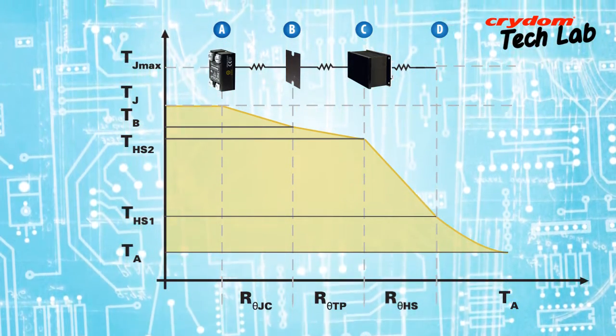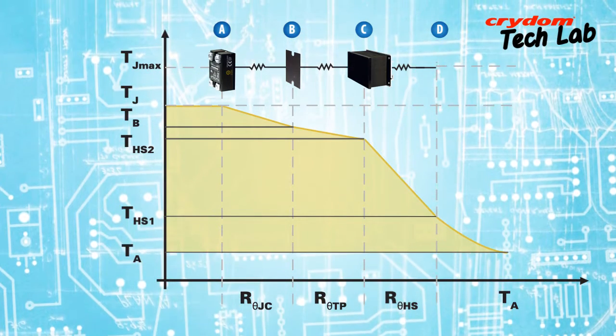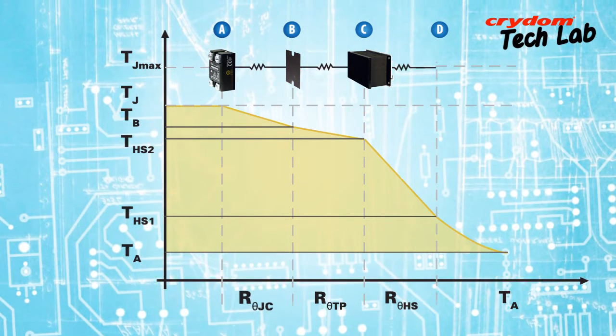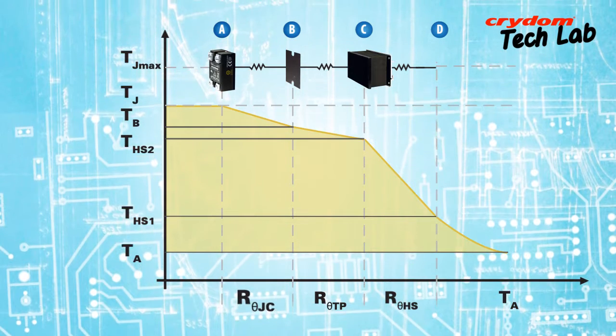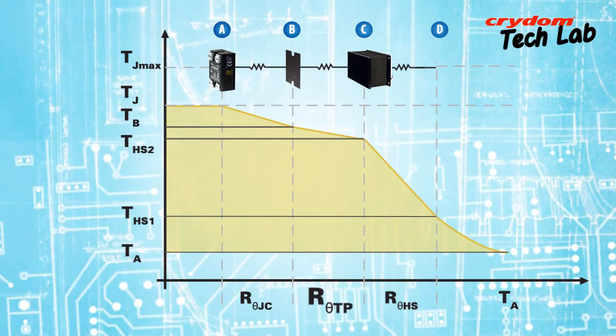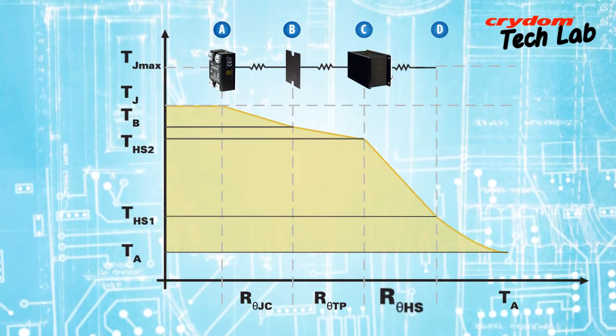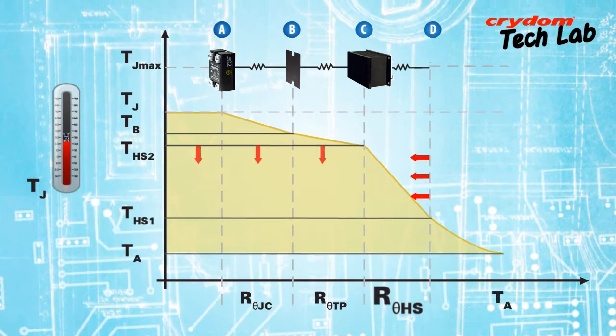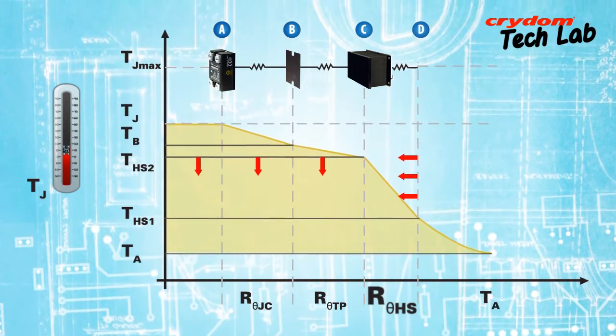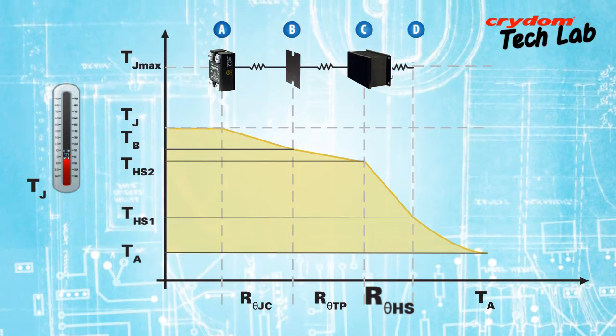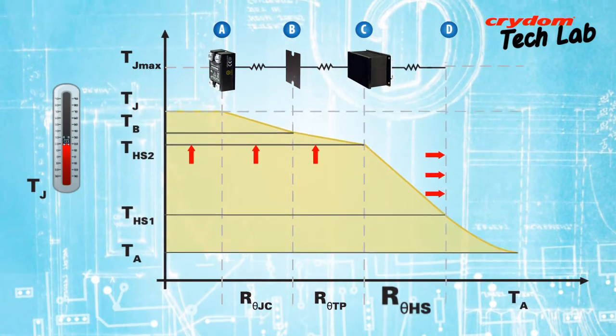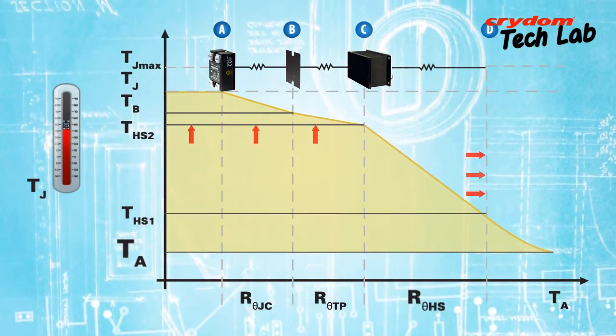From the model, it can be seen that there are 3 thermal impedances which act in series: output semiconductor to relay baseplate, thermal pad or interface material, and heatsink impedance. Lowering any of these impedances serves to reduce the relay's internal temperature, and conversely, increasing any of them tends to raise the relay's temperature.